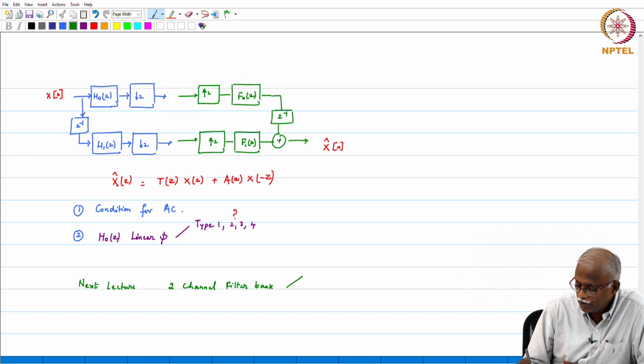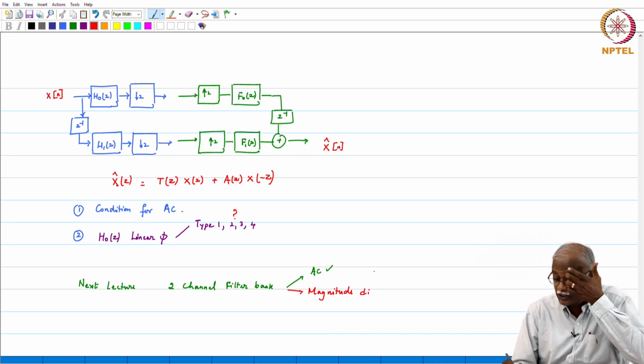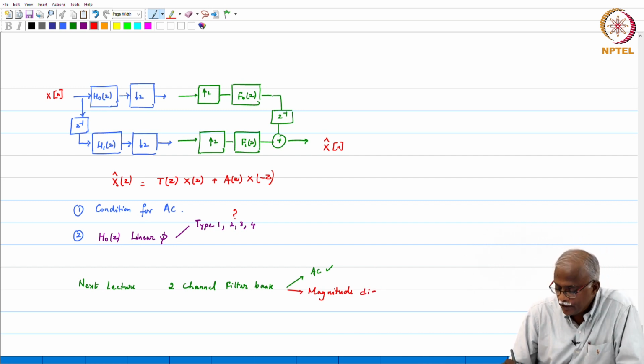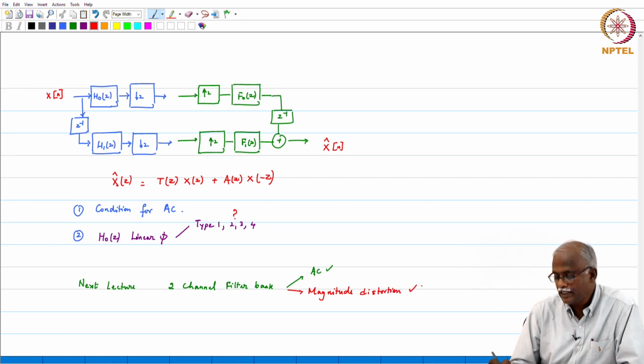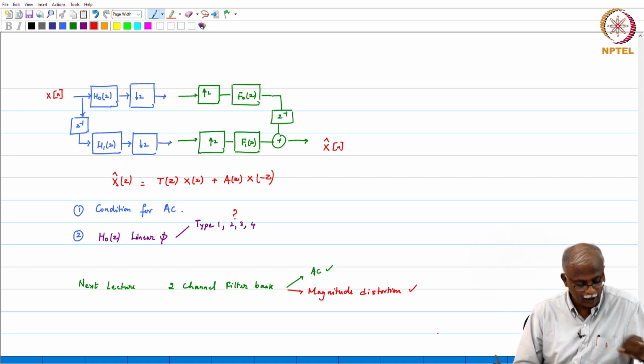We of course want to have aliasing cancellation to be done. We want magnitude distortion elimination, just like we have eliminated the phase distortion in today's lecture. Can we look at the magnitude distortion elimination? That will be the lecture that we will be picking up in tomorrow's lecture.